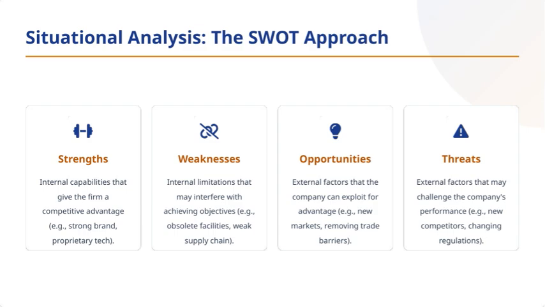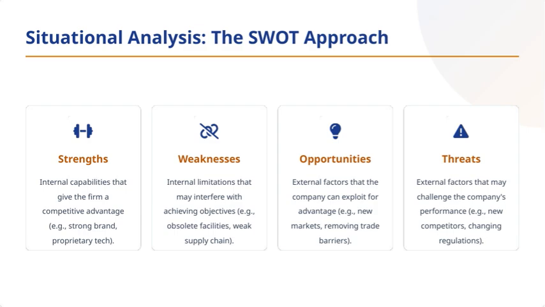Now, shifting to internal factors, these are aspects within the company that can either hinder or support our success. Weaknesses are internal limitations like outdated facilities or a weak supply chain, which could slow us down or make us vulnerable. Recognizing these weaknesses allows us to work on improving them. Finally, strengths are our internal capabilities that give us a competitive edge.